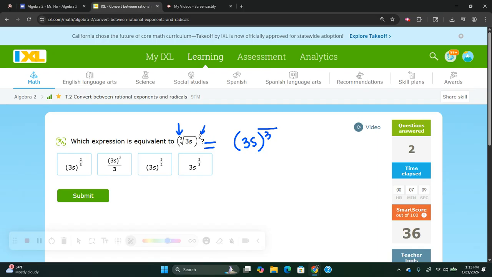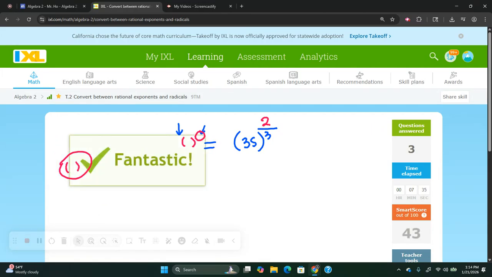And then the power 2 should be on top. So let's see the option over here, 3s power 2 over 3. That's it over here. So remember, everything inside the square root, the 3s, has to be inside the parentheses. So I choose the option and I submit. Voila.